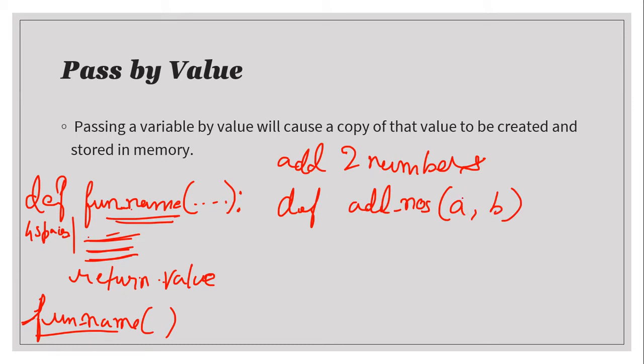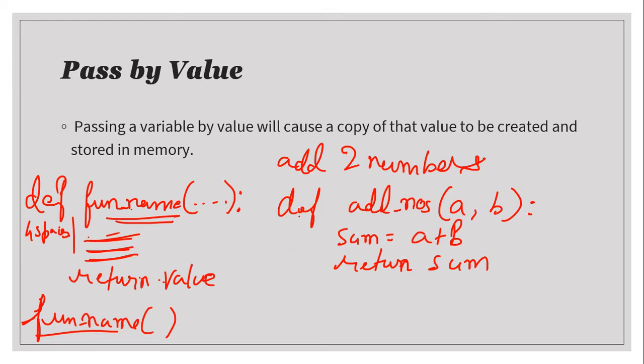So a will hold the value of the first parameter and b will hold the value of the second parameter. Then I will take some indentation and write sum is equal to a plus b. I have to add 2 numbers and return sum. See, my function has been done.